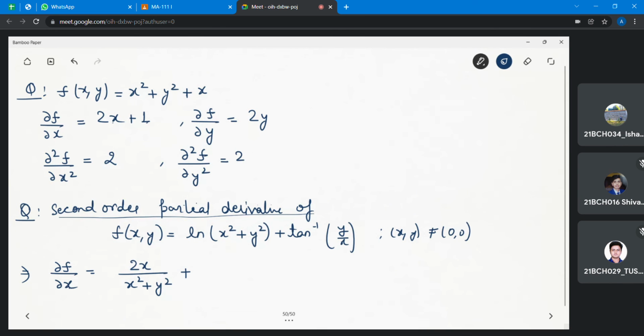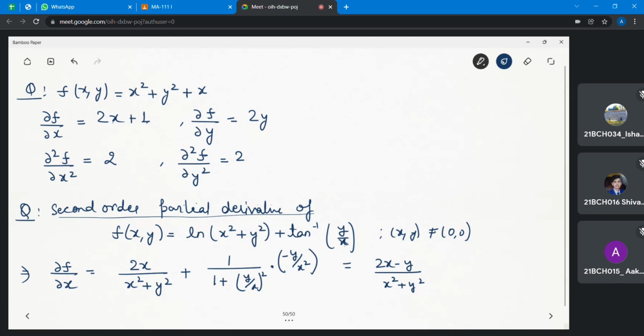So we are taking the derivative with respect to x, right? So first of all, tan inverse का करोगे. So this is 1 upon 1 plus (y by x) whole square into the derivative of y by x with respect to x, which is minus y by x square. Okay. Now you can simplify this. This is nothing but 2x minus y upon x square plus y square.